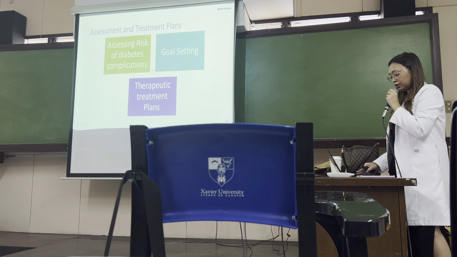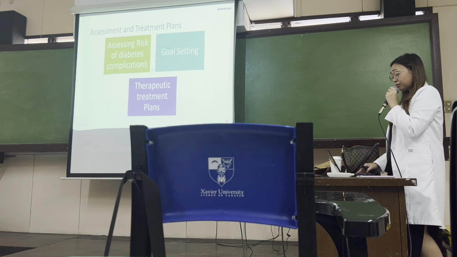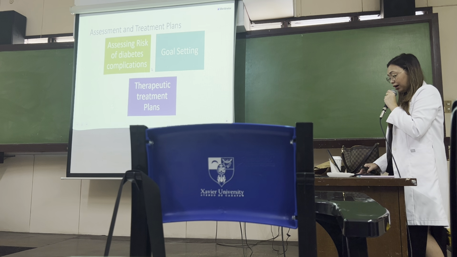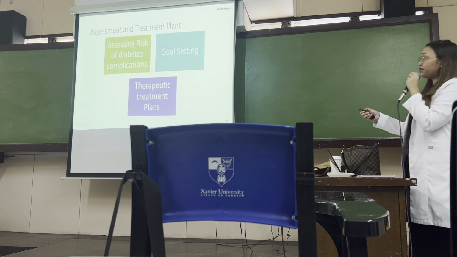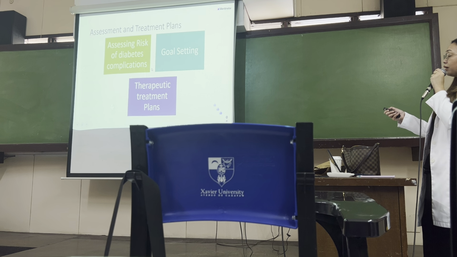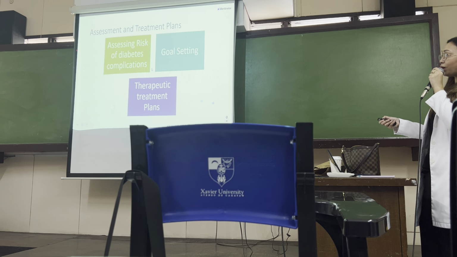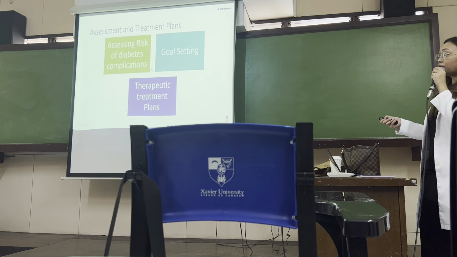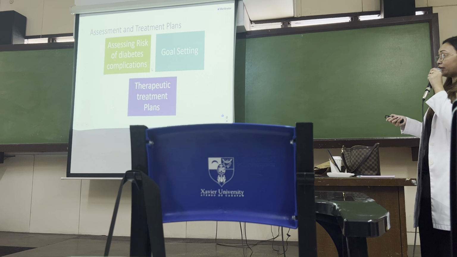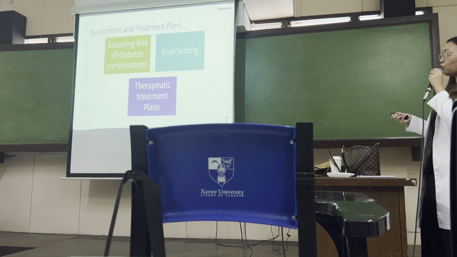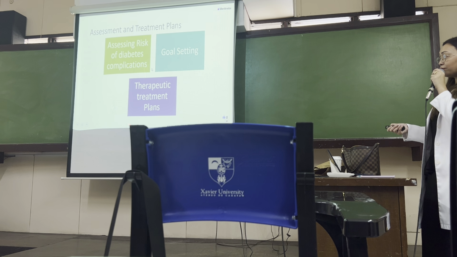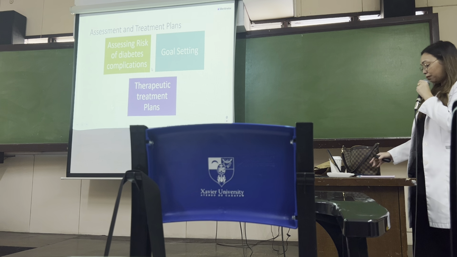Now, in terms of management, these are the different treatment strategies. First, we need to assess the risk of diabetes complications. Then we do goal setting, and then eventually our treatment plan.